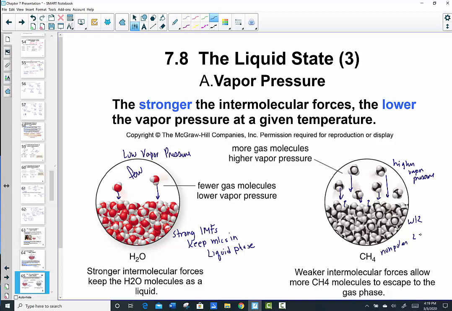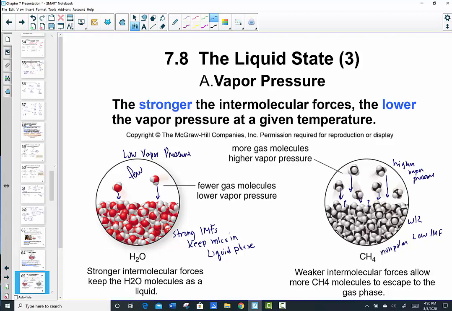So if you have low intermolecular forces, you have a high vapor pressure. If you have very strong intermolecular attractions, you have a very low vapor pressure. Remember, the more gaseous molecules, the higher the vapor pressure, the more push on the surface of the liquid.